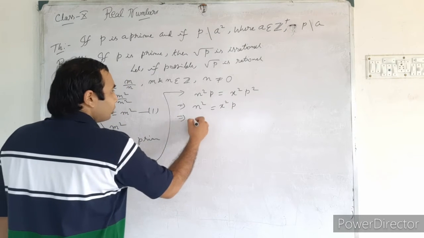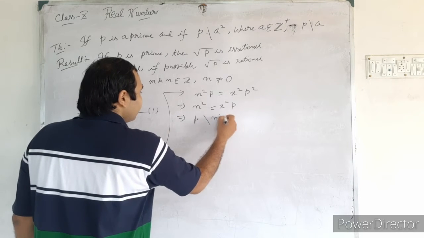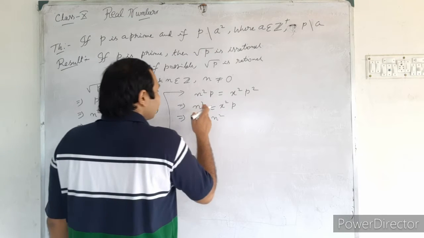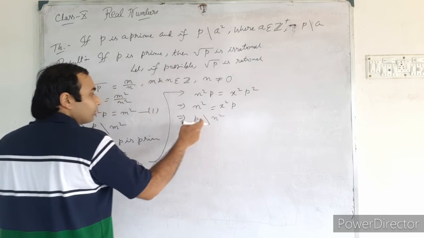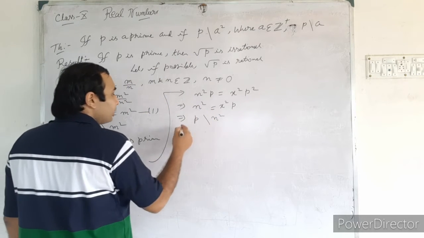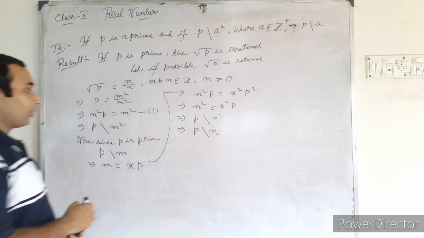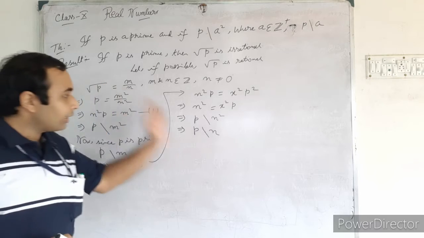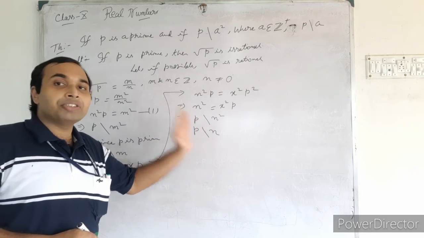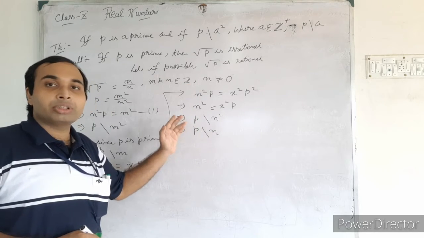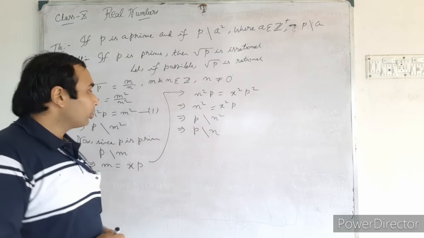From here we conclude P divides n square, and P is a prime number, so P divides n. The right hand side slash means that it divides, and the left hand side slash means that it is being divided. Both are different.